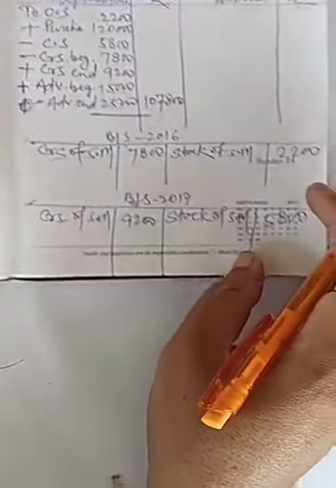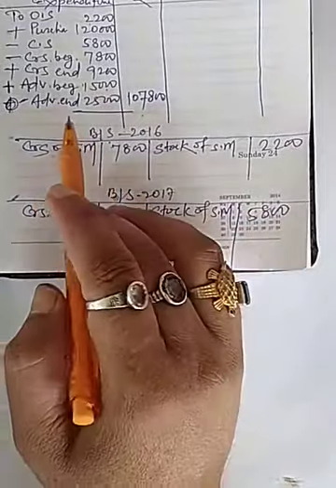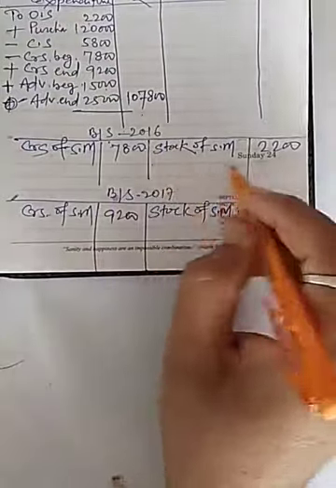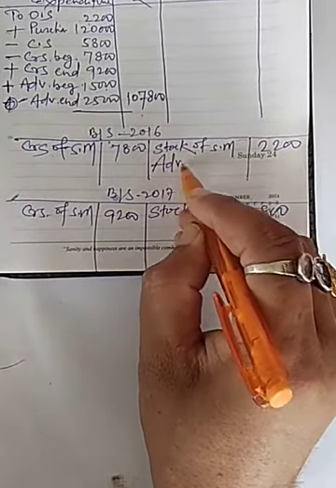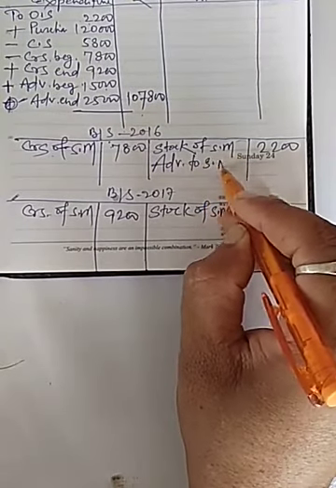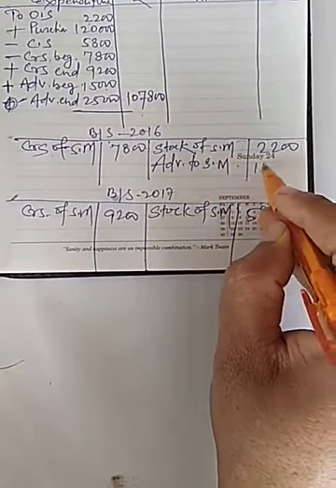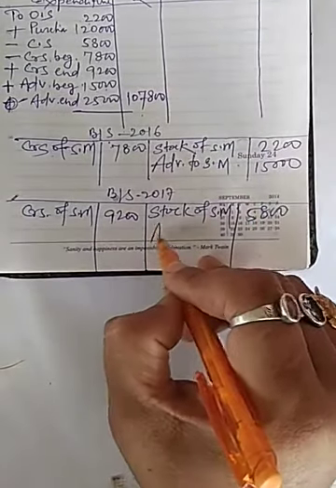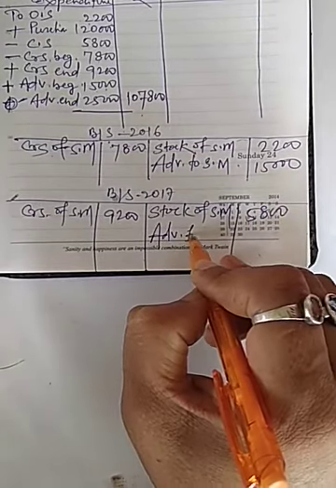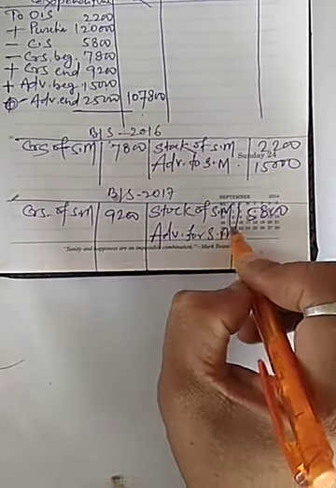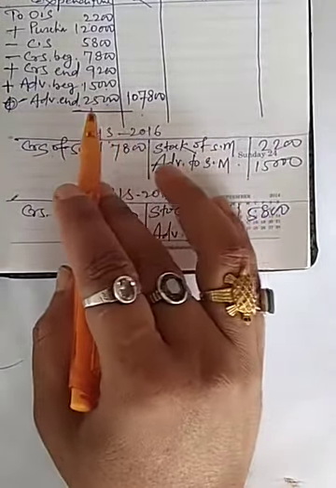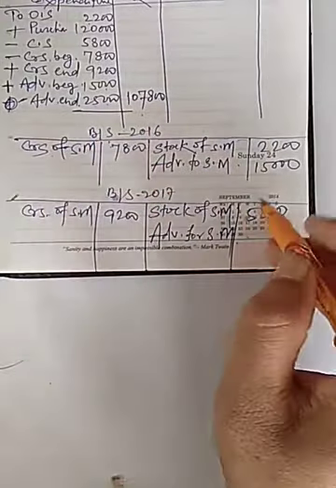Now advance for sport material at the beginning of the year will be our asset. Advance to supplier for sport material 15,000 at the beginning of the year, and advance to supplier for sport material will also be an asset at the end, so I will show in the closing balance sheet 25,000.